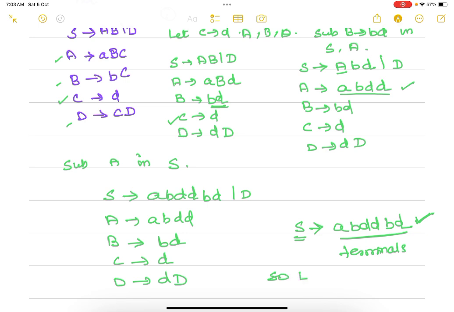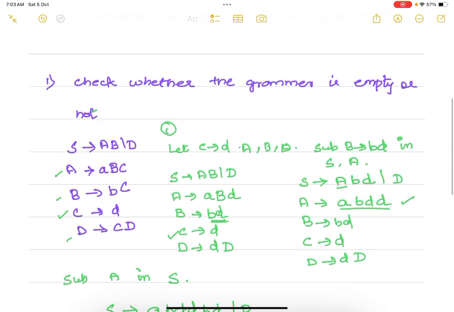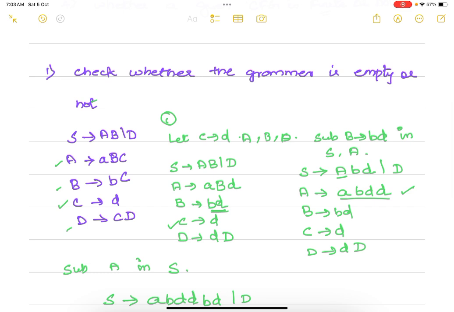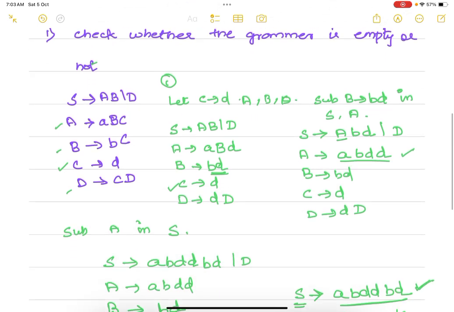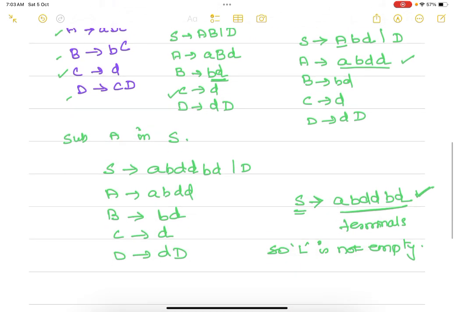So we can say the language given is not empty. When will we say that the language is not empty? When we are able to generate terminal symbols from the start symbol, then we can say that this L is non-empty. We were able to generate this set of terminal symbols from S with the help of other productions also. So we say L is non-empty.